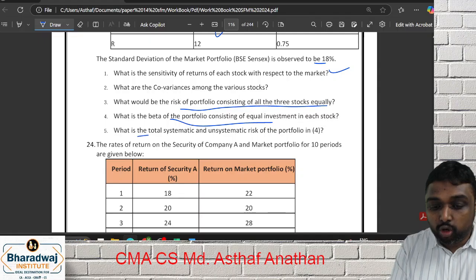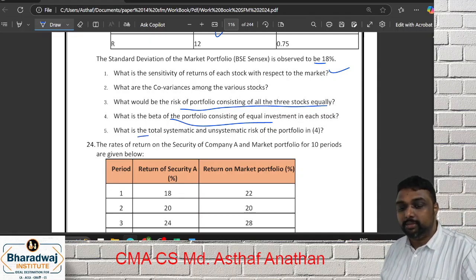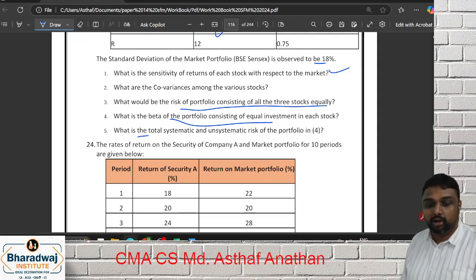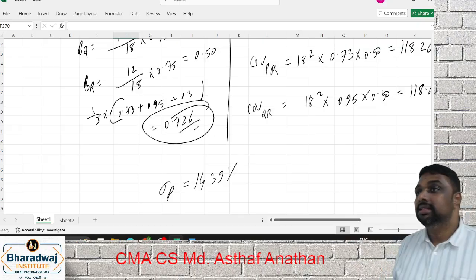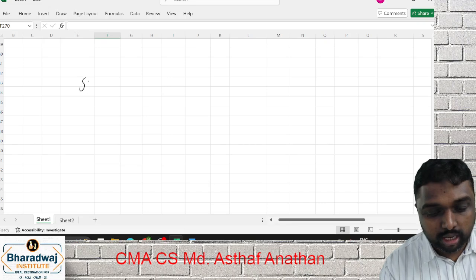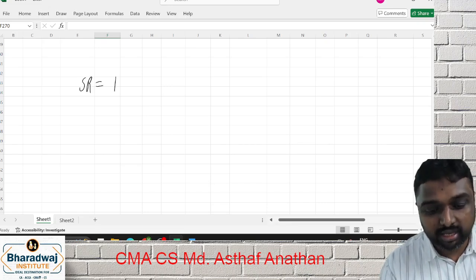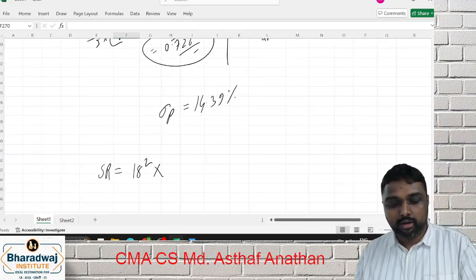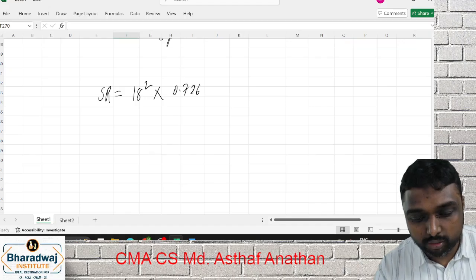Let's do finally the total. Total means you have to do the variance approach. They are asking systematic risk and unsystematic risk. Systematic risk we know, we got the beta already. What is the beta, my dear friends? 0.726. Now I am doing the first method under the variance approach. Systematic risk is equal to the variance of the market, which is 18 square, into the beta square, 0.726 square.